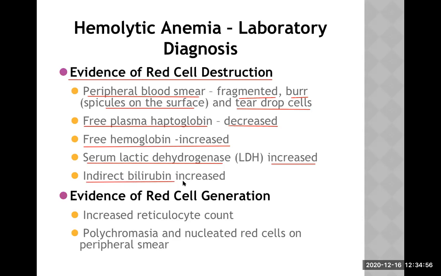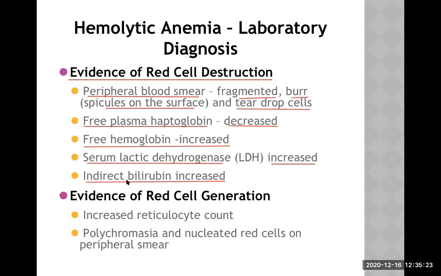Indirect bilirubin is increased. Now, every student knows this mechanism. Bilirubin synthesis occurs from heme. Heme is a part of hemoglobin, and hemoglobin is present inside the RBC. Now look at the connection. This is hemolytic anemia, meaning RBCs are getting destroyed, so heme is released. Heme undergoes the bilirubin pathway and bilirubin is formed.